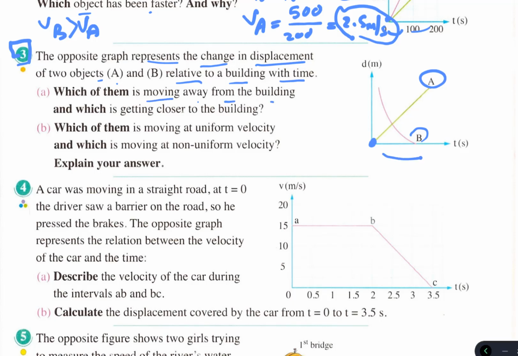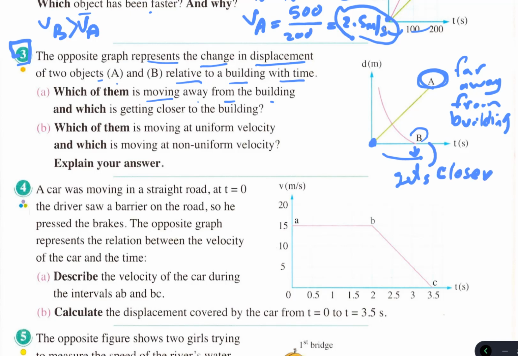As time passes, you see B comes closer to the building, and A goes far away from the building. B gets closer. So we answer letter A.